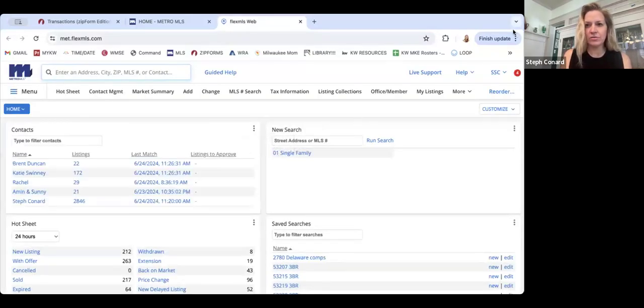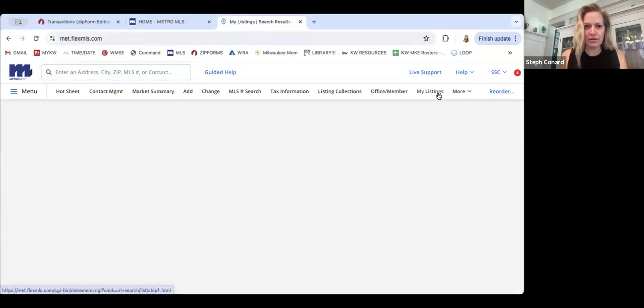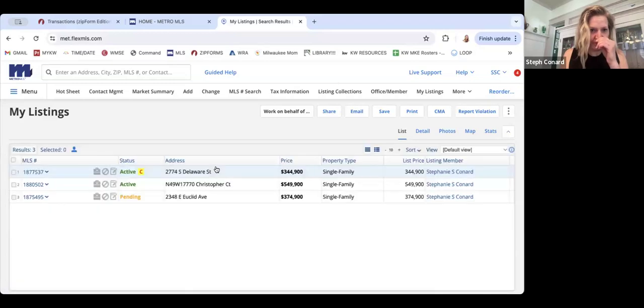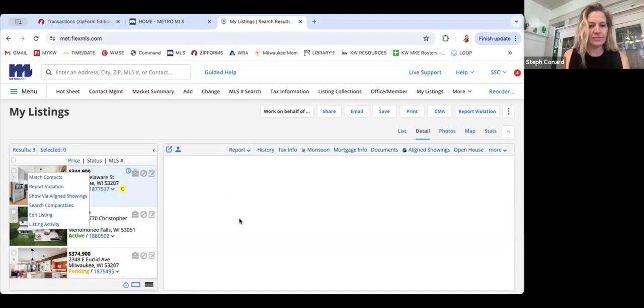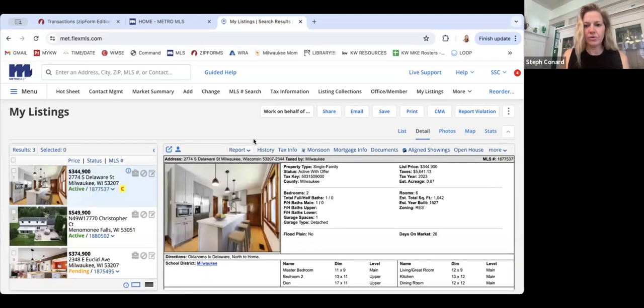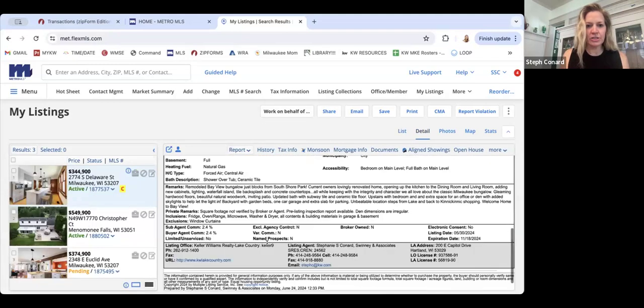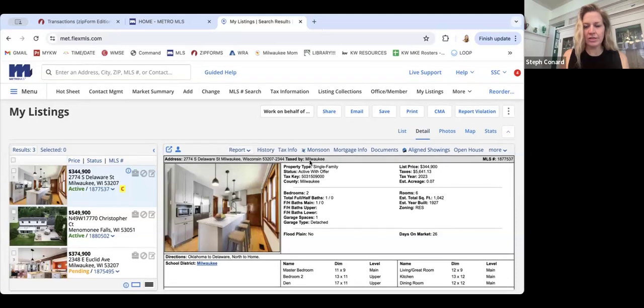So I'm just going to use one of my listings. From the data sheet, included in the data in MLS, you'll see the report, the history, the tax information, mortgage information, documents.